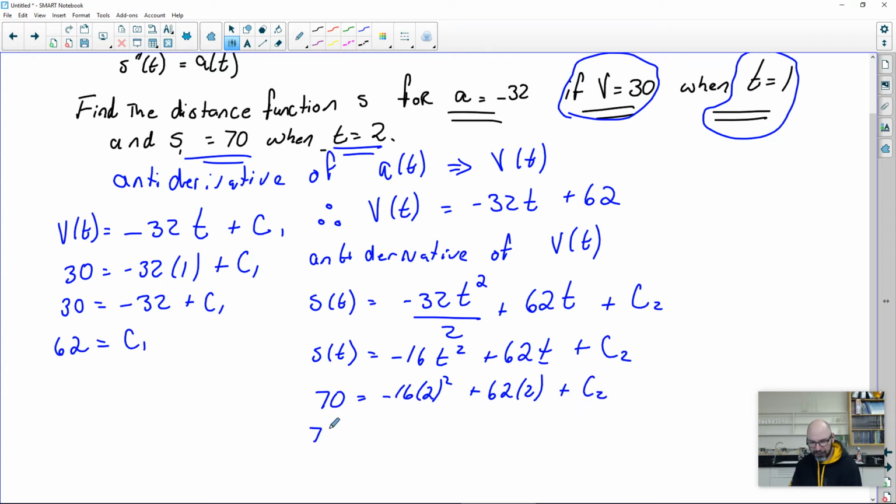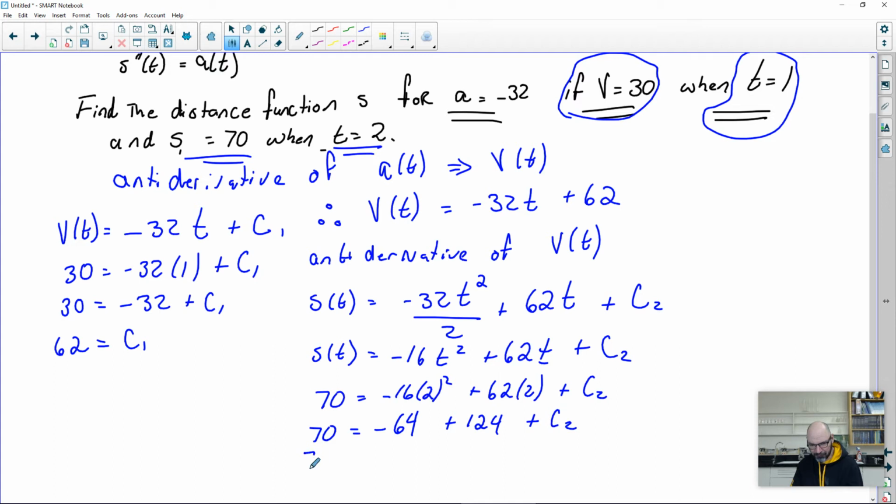So 70 equals, okay, 2 squared would be 4, 4 times 16 is minus 64, and 2 times 62 would be 124 plus C2.